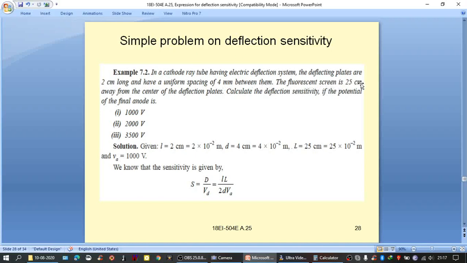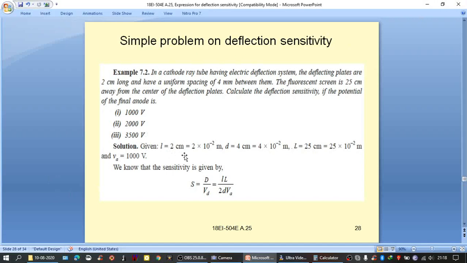The fluorescent screen is 25 centimeters away from the center of the deflection plates, that is, capital L is equal to 25 centimeters. Calculate the deflection sensitivity if the potential of the final anode is 1000 volts in one case, 2000 volts in another case, 3500 volts in another case.